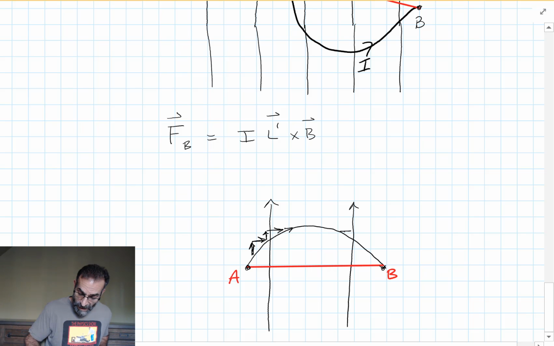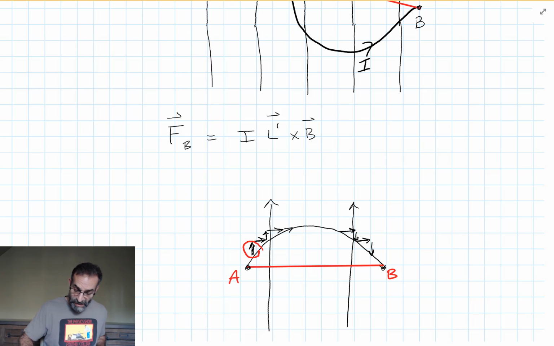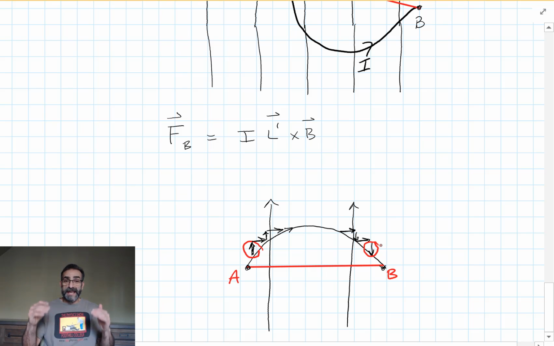And what we get are all the segments that point away from the line that connects A and B have an equal and opposite part pointing toward the line that connects A and B, because we are going to end up back on that line.